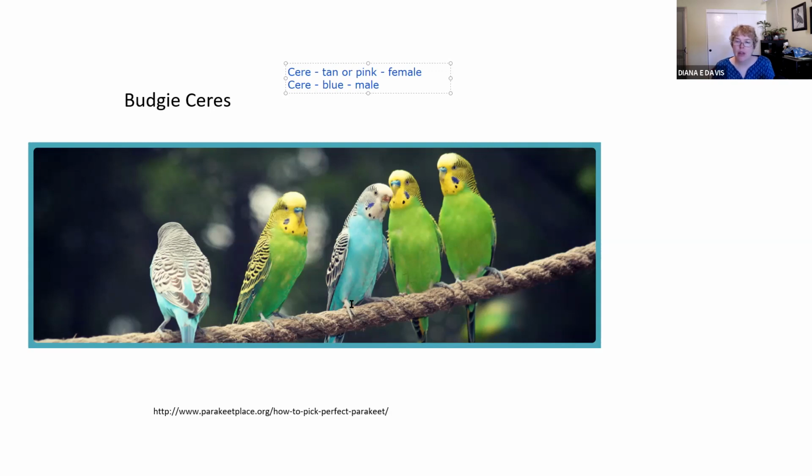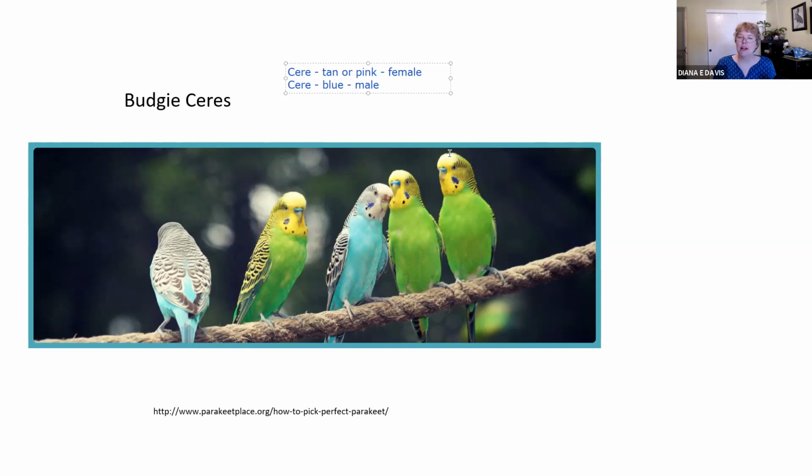The other thing I can tell from this image is these are all mature adult birds. And I can tell that because when budgies are born, these stripes on the back of the head here go all the way across the crown and down to the front. And then they kind of recede as the bird ages.